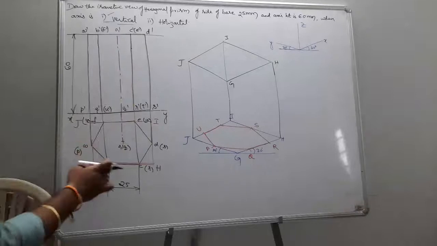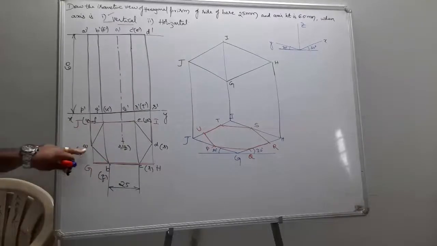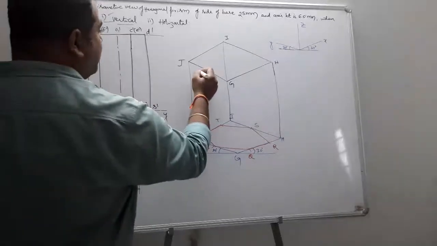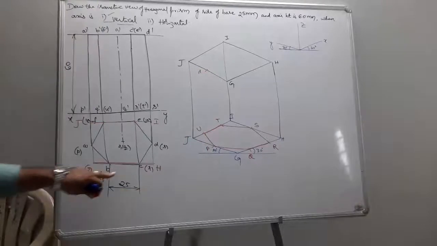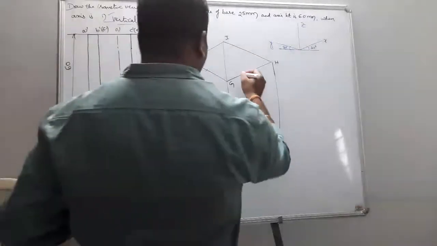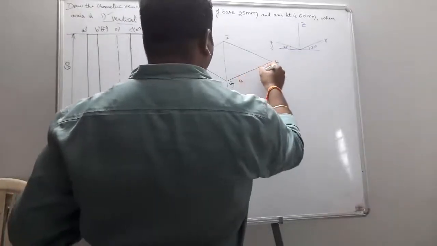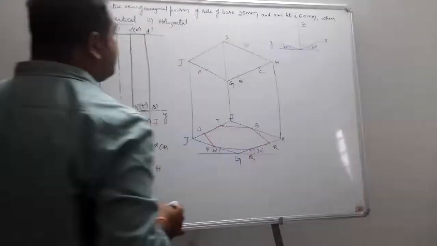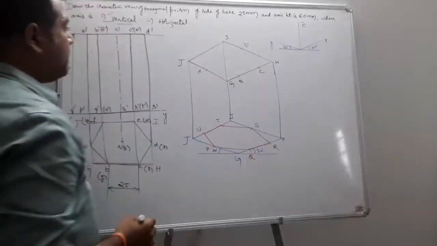These points are A, B, C, D, E, F, right? A point is in between J and G. So with J as center and JA as radius, you obtain your point capital A. Next, B, C are in between G and H, so this becomes B, this becomes C. Next, the D point is in between H and I, so this becomes your D. Next, the points in between J and I are E and F, so this becomes F, this becomes E.